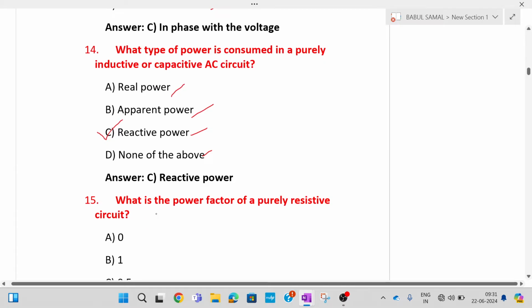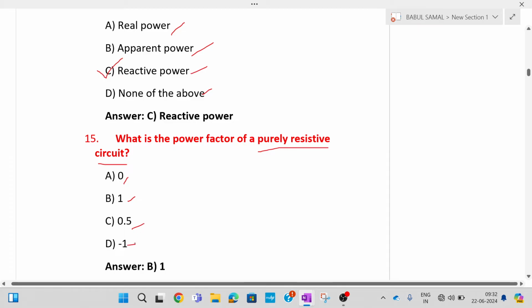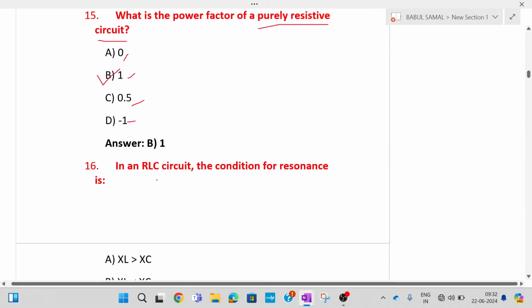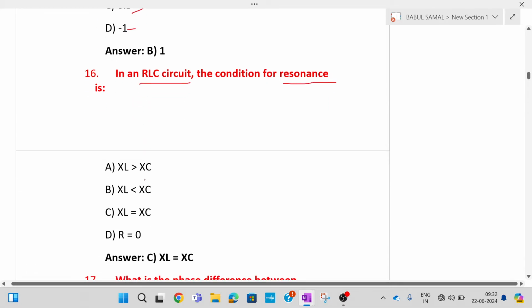What is the power factor of a purely resistive circuit? Options are 0, 1, 0.5, -1. So for a purely resistive circuit, the value of power factor is 1, option B. Next question: in an RLC circuit, the condition for resonance is: options are XL is greater than XC, XL is less than XC, XL is equal to XC, R is equal to 0.